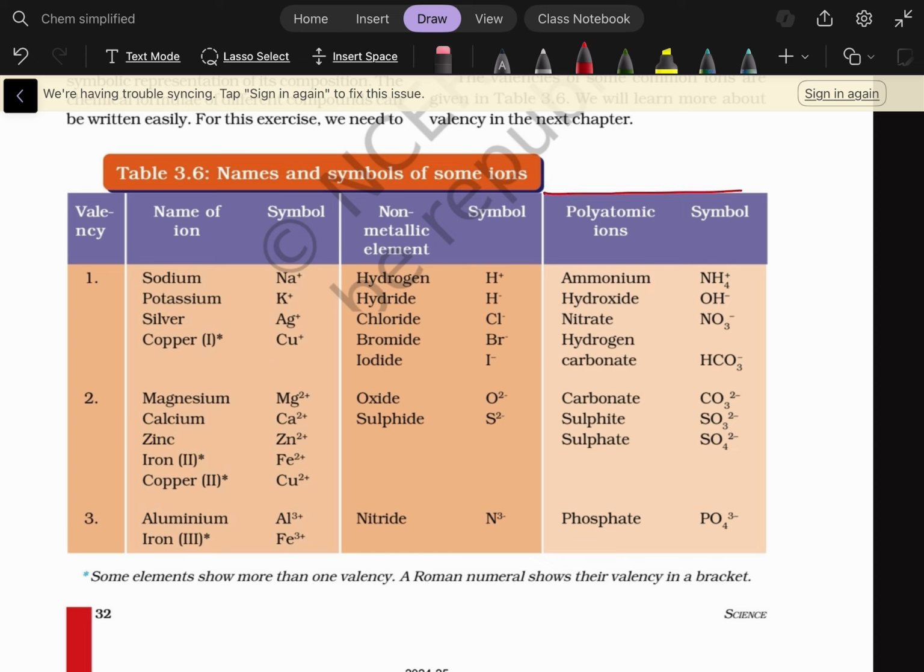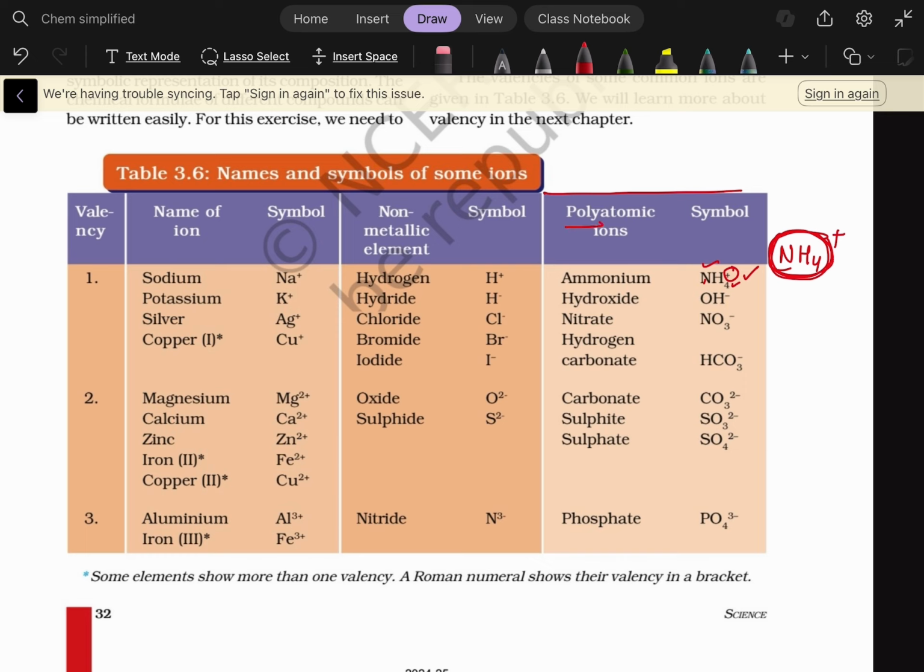You see the ammonium ion. It's a polyatomic ion. Why? Because it has more than two atoms: one atom of nitrogen and four atoms of hydrogen. So it's a group of atoms and they overall carry a positive charge. That means it is NH4+, and this charge is overall on this entire group of atoms.